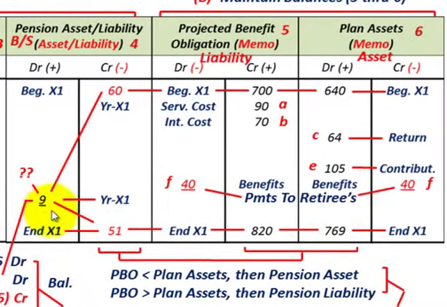So you see how we got to our pension asset. In this case, it was an increase in our asset by $9,000. Now we got to the end here, a reduction in our pension asset of $51,000 for the end of year X1. So now this is where we take care of our projected benefit obligation and our plan assets.